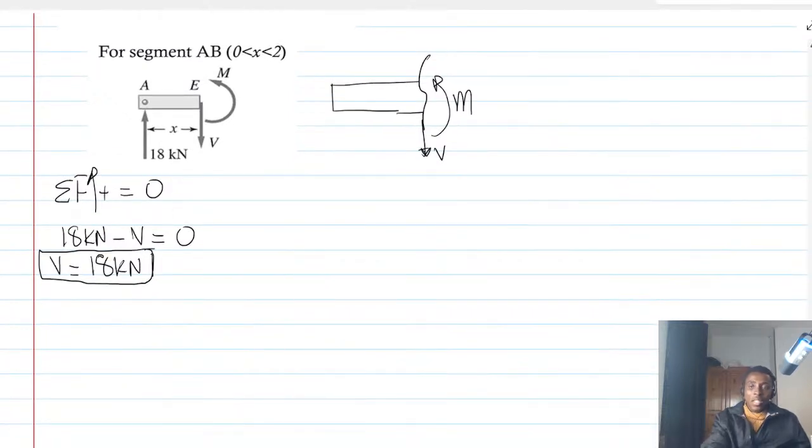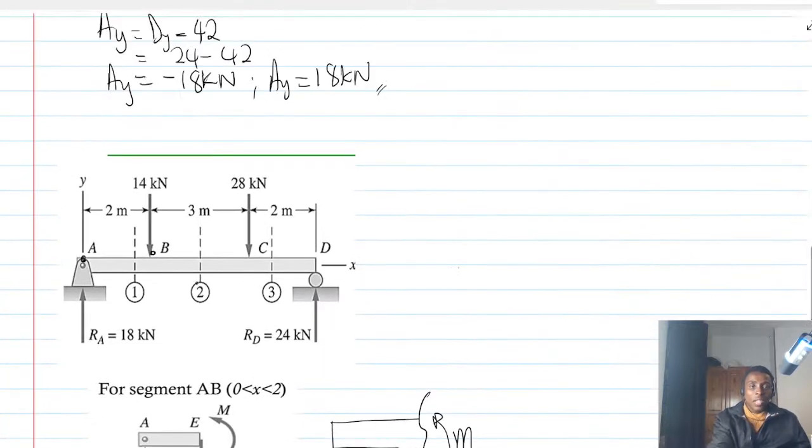It means that if I take a portion and cut from A to B, the shear force is constant. It does not depend on x. That's the meaning.